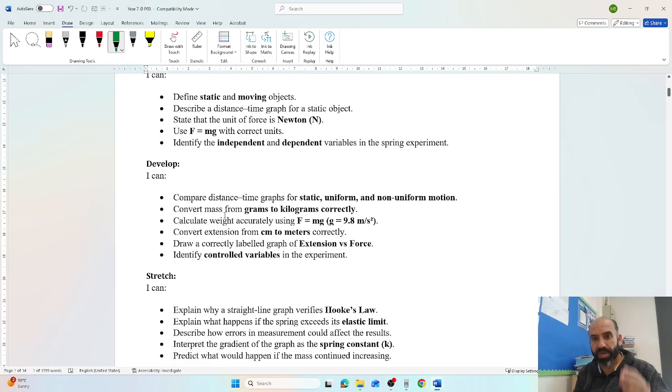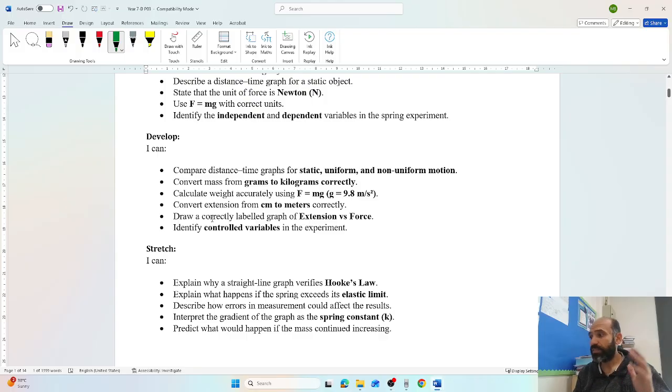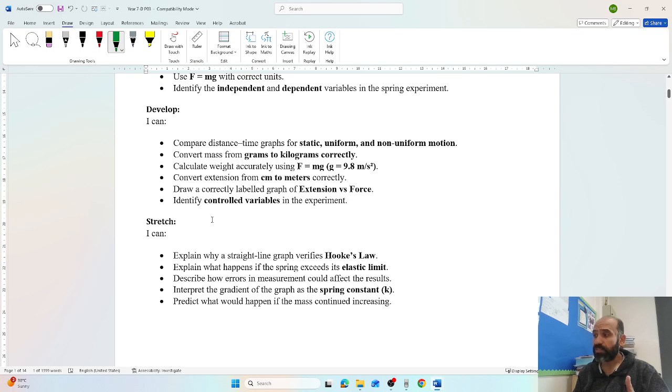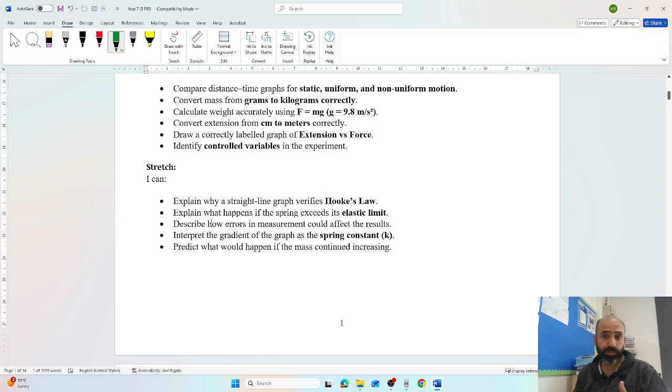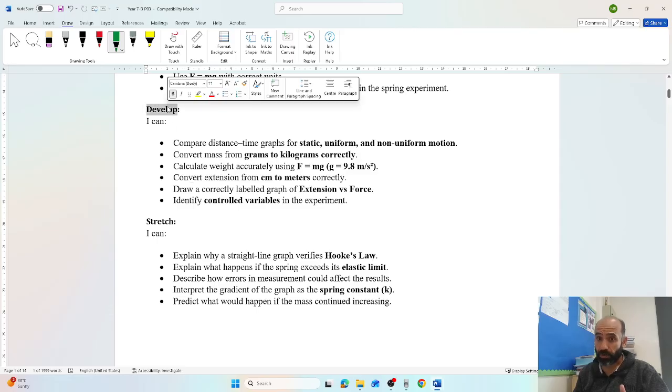But if you can compare between distance time graphs of static and moving objects, convert mass from gram into kilogram, calculate the weight, convert the length from centimeter into meter, and draw the graph between extension and force, then it's developed.